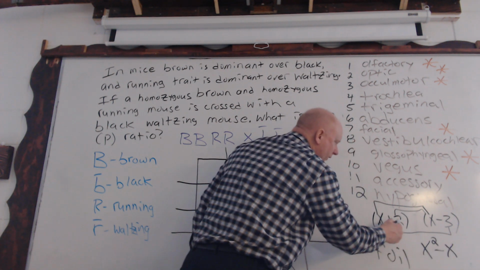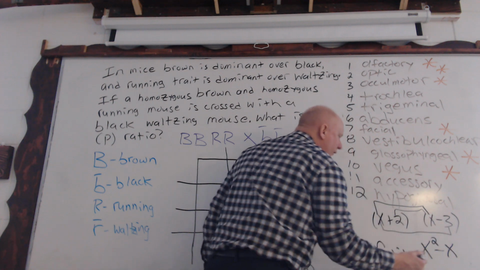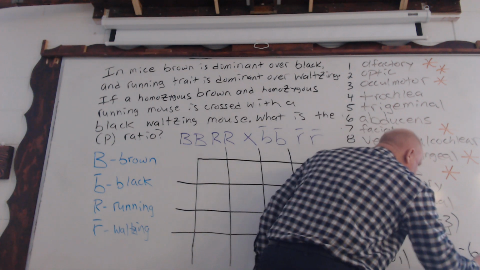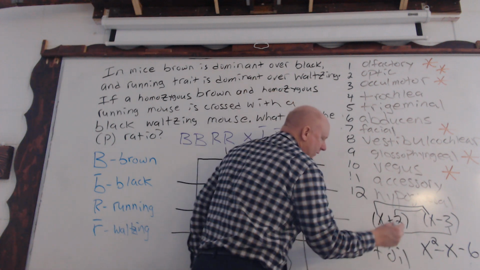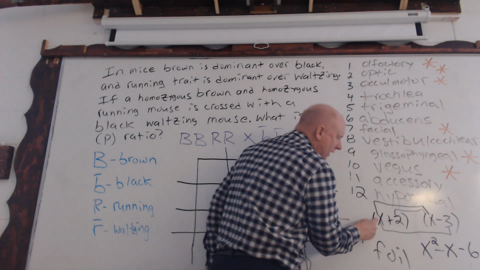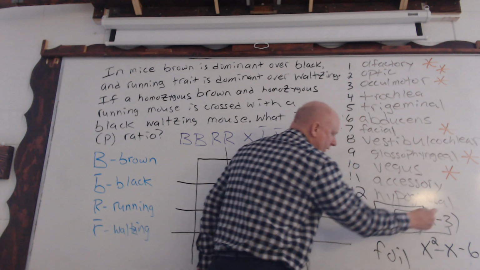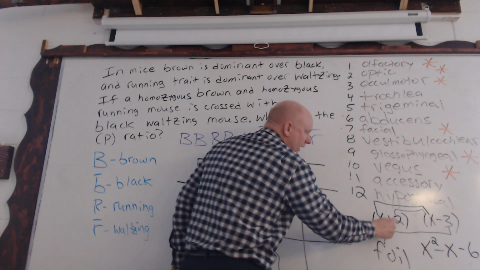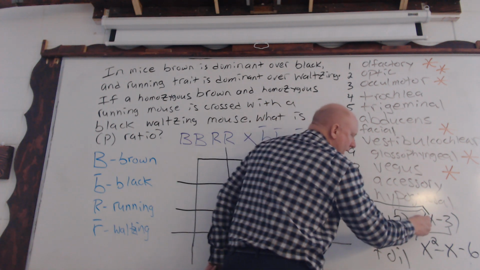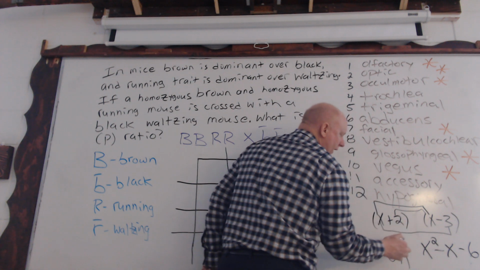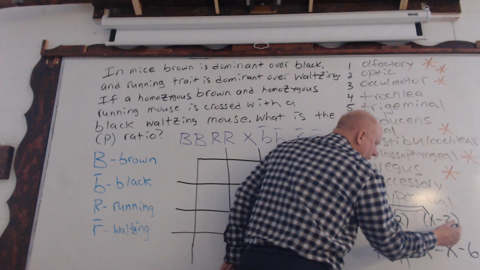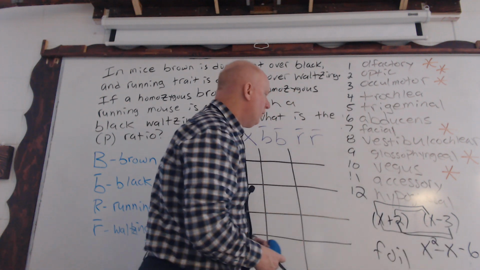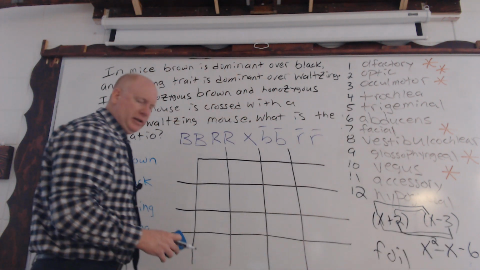And then the last one, 2 times the negative 3 gives you negative 6. So the first term, the two x's. The outside, this outside x and that minus 3. Inside, this 2 and that x. Then the last, the 2 and the 3. When you multiply them, that's where your negative 6 comes from.